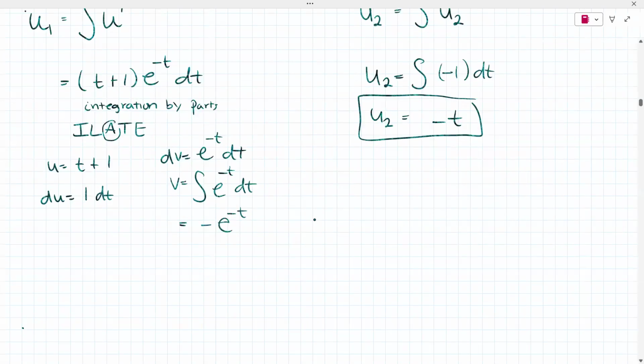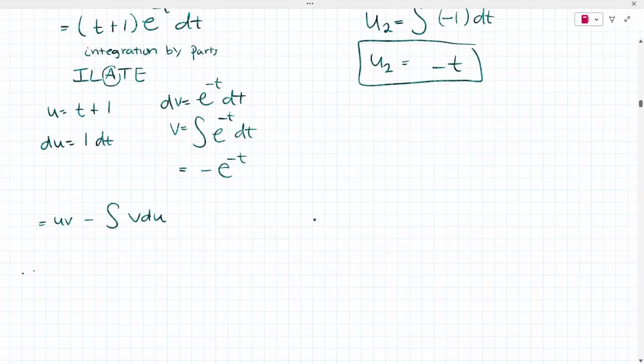Okay, so now how do you do integration by parts? You do uv minus the integral of v du. So my u is t plus 1, and then my v is negative e to the negative t, minus the integral of v du, so that's e to the negative t dt.